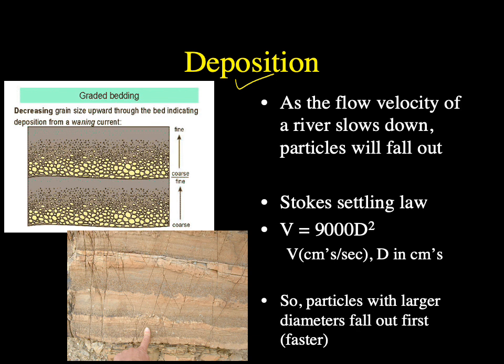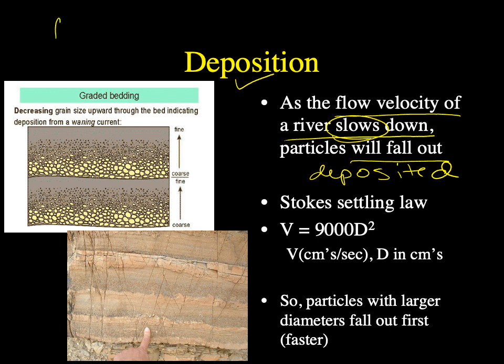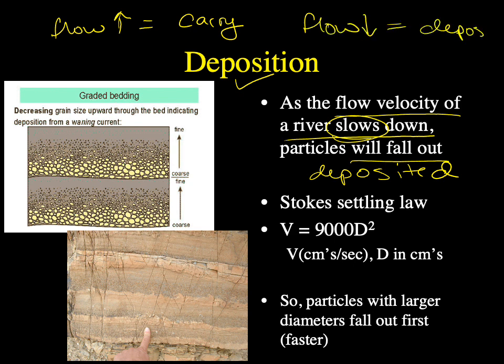Usually what happens is as the flow velocity of the river slows down, the particles will drop out. So they will be deposited when the river's velocity slows down. So we can make a general statement that when the flow of a river is high, you're carrying sediment. And when the flow of the river, the velocity, drops, that's when you deposit, okay?